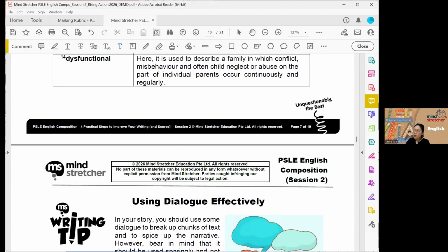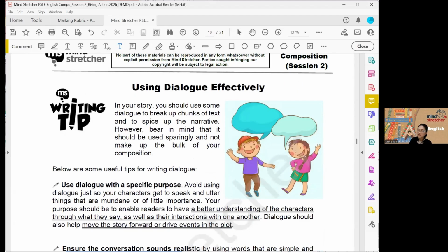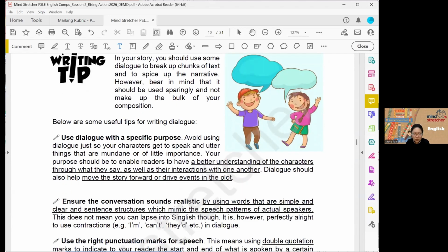Dialogue. We spoke about this last week when we looked at intro because one of the techniques we can use in introduction is to use dialogue. So we have talked about this to some extent already. So today, when I look at this dialogue section, I'm just emphasizing certain things again. When you use dialogue, there are a few things to note.